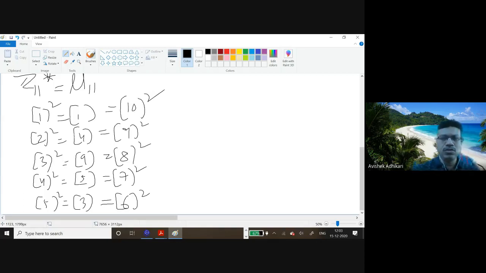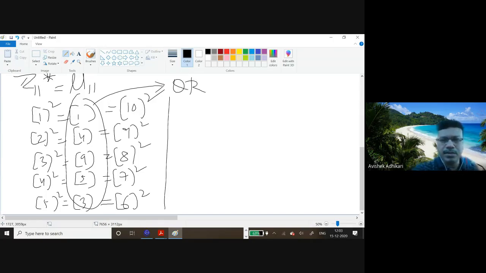So these elements are basically quadratic residues, because if we consider 1, then we see that 1 squared or 10 squared equals 1. So they are the quadratic residues, QR. And you see that there are other elements left: class 2, class 6, class 7, class 8, and class 10.